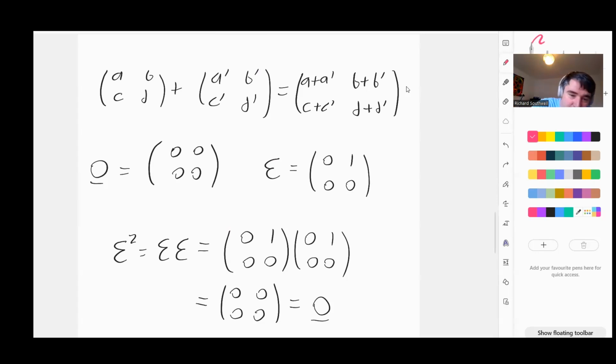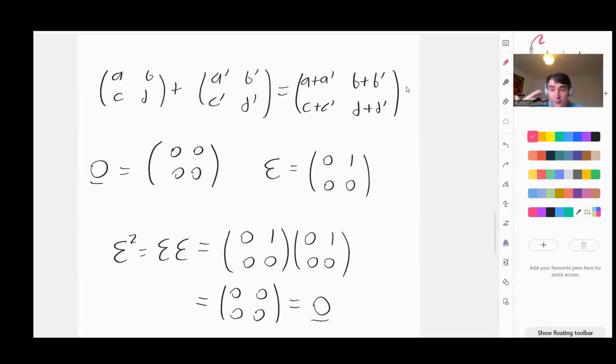It has the feature that if we square it, meaning we multiply matrix epsilon by epsilon, well, if we work it out, we're going to be dotting this with this. That's going to give 0. That goes up here. Dotting this with this gives 0. And dotting this with this gives 0, and this with this gives 0. So yes, when we multiply these two things together, we get zeros.